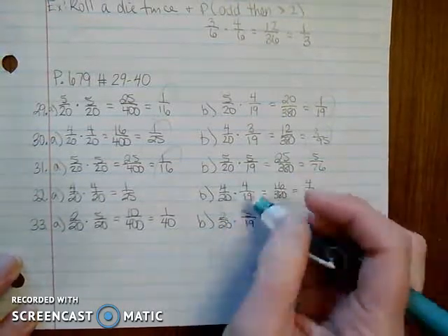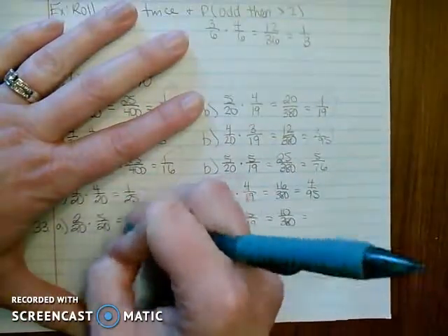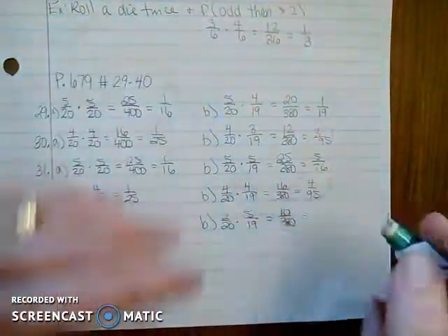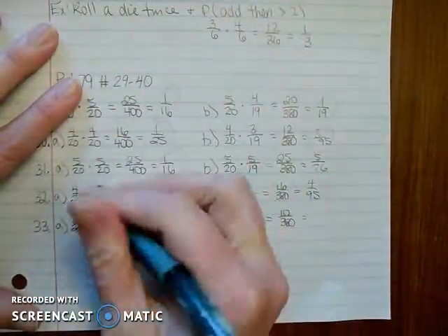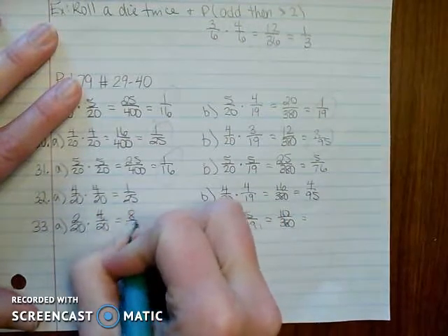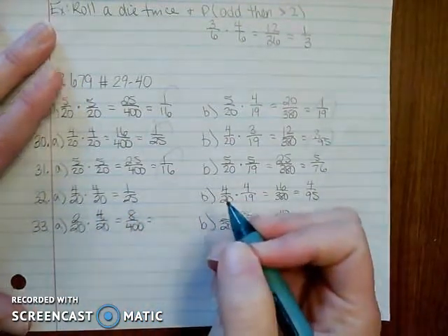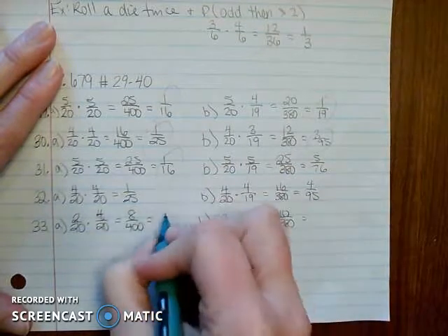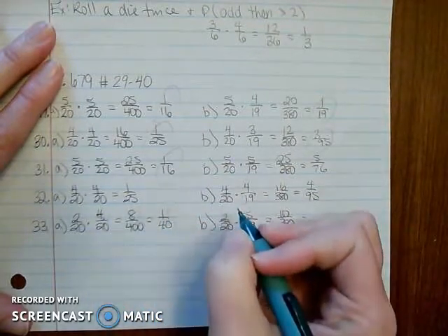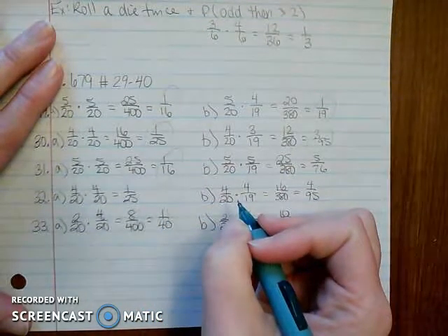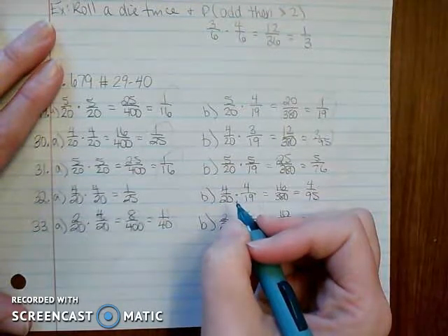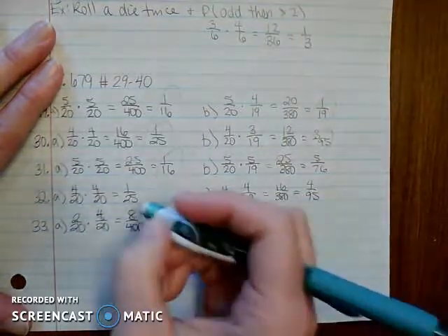Oh, sorry. This should be 4. Whoa, sorry. Looking at my wrong problem. 4 lions. So 8 out of 400 is 1 out of 40. No. Oh, no. This is right.